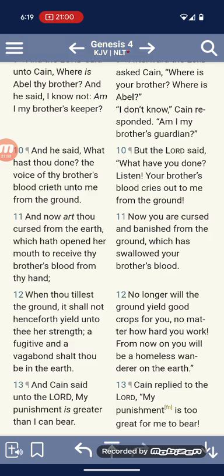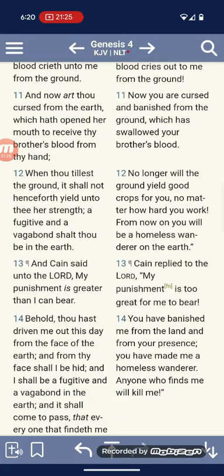It cried out to Yahweh, pleading to him to avenge or to punish Cain for what he had done to Abel. Verse 11 says, and now art thou cursed from the earth, which hath opened her mouth to receive thy brother's blood from thy hand. So that very ground was crying out to the Lord Yahweh.